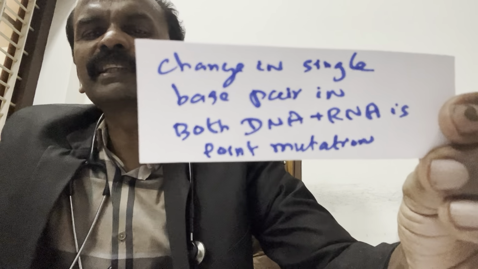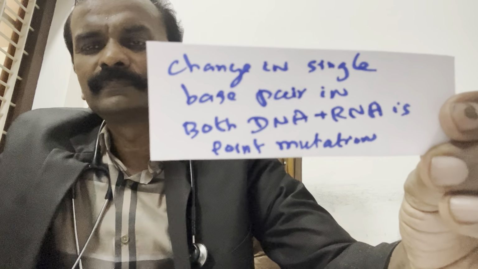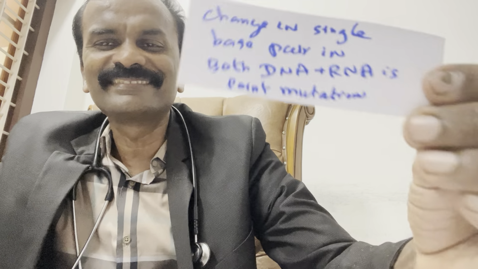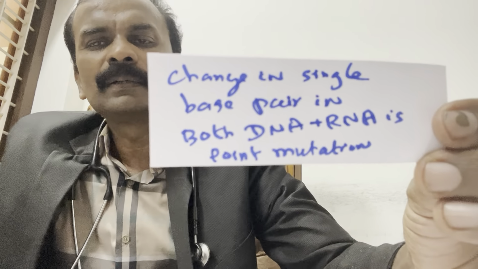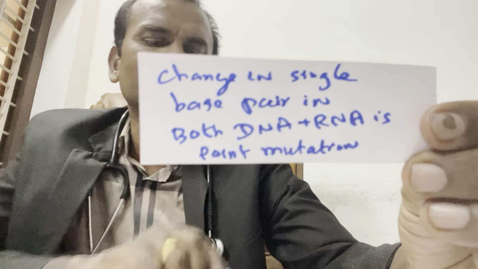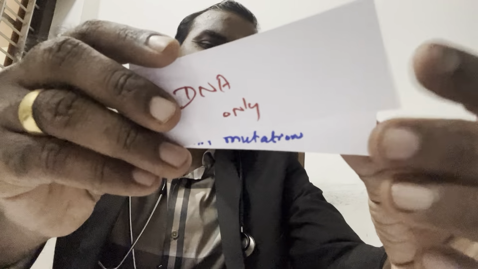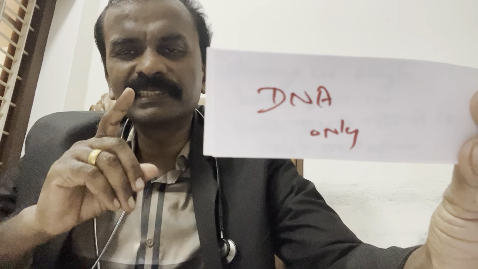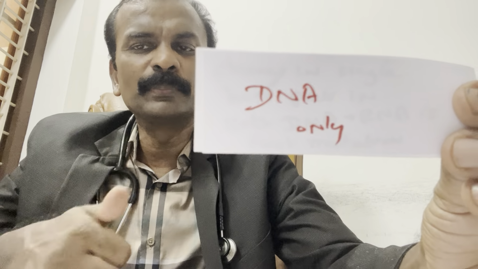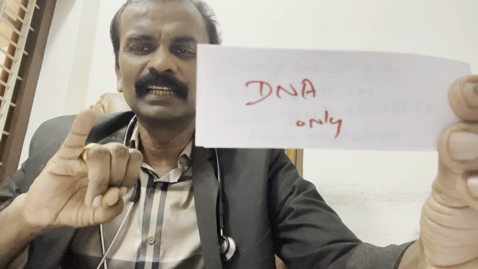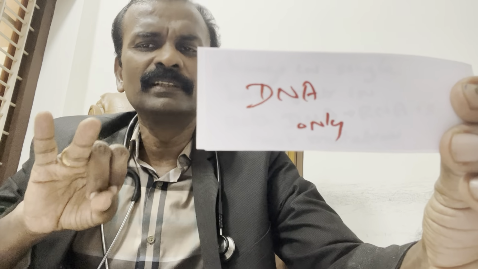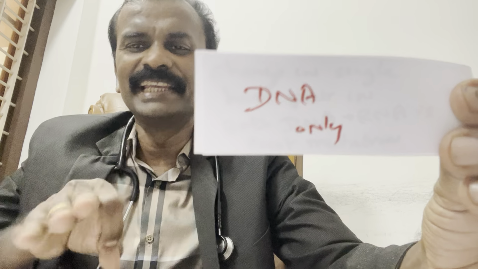What is your answer? It is always DNA only in point mutation, but single base pair. Three words: single base pair, point mutation, only DNA, not RNA. Keep it in mind.